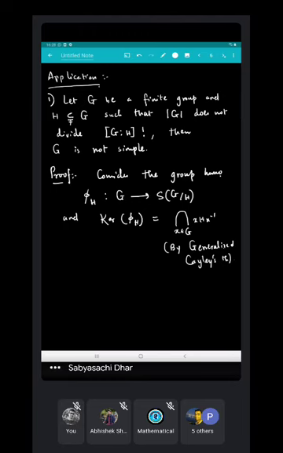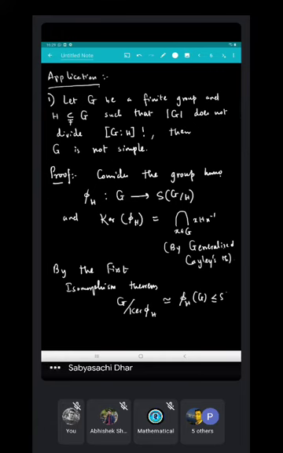Now, by the first isomorphism theorem, G modulo the kernel of phi_H is isomorphic to phi of G, which is a subgroup of S of G mod H, right?